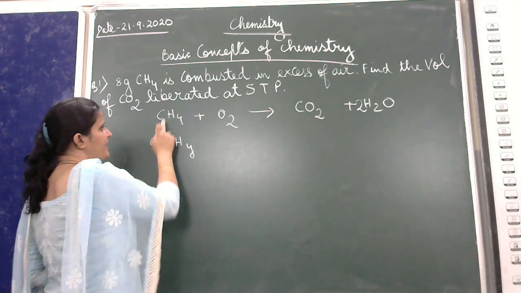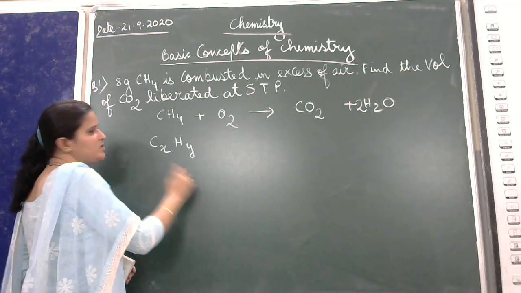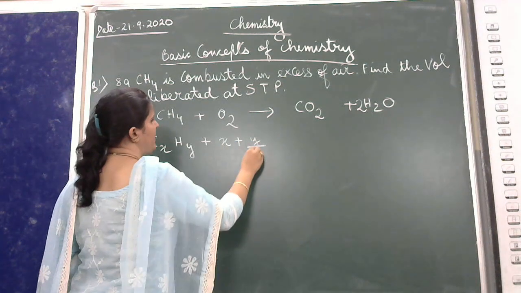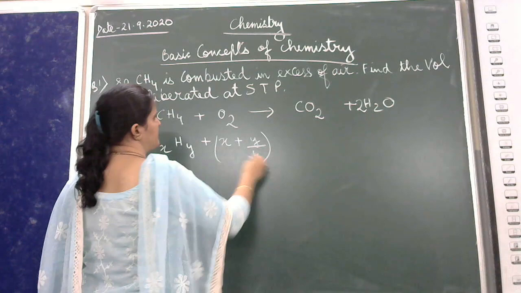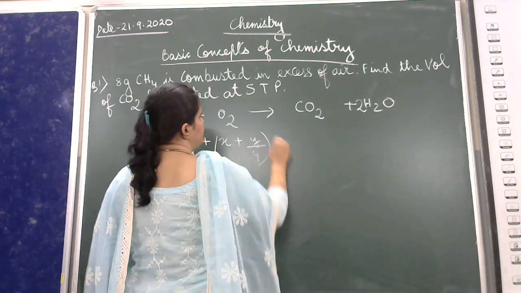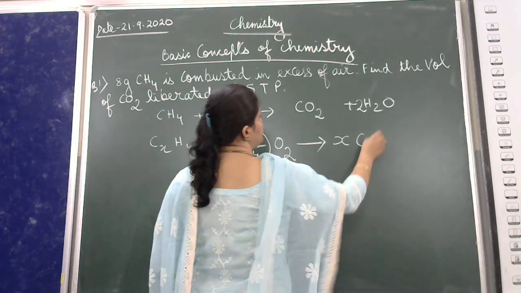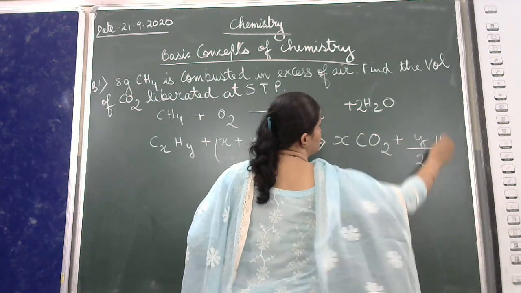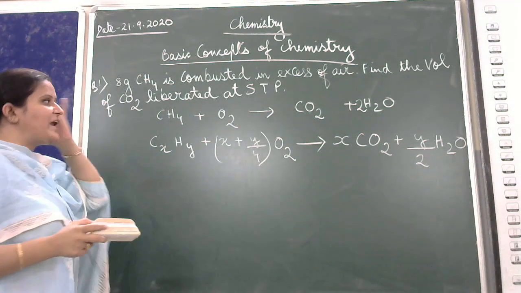Okay, x and y are the number of atoms: x of carbon, y of hydrogen. Plus (x + y/4) O2, this much oxygen will give me x CO2 plus y/2 H2O. This is your general equation.